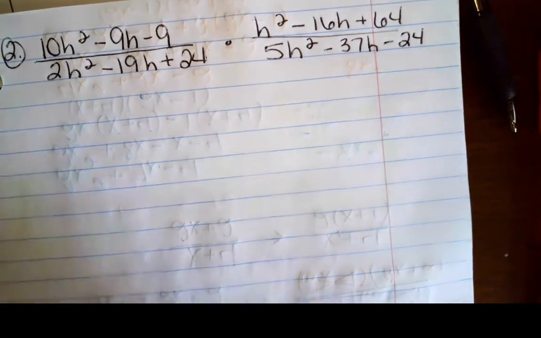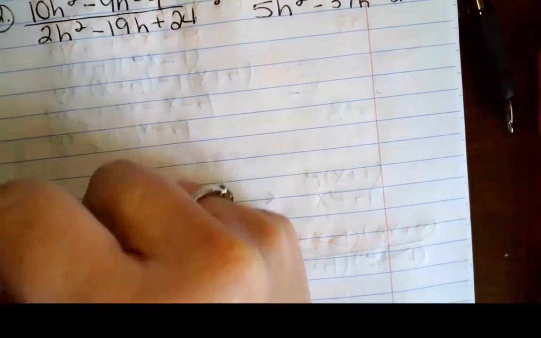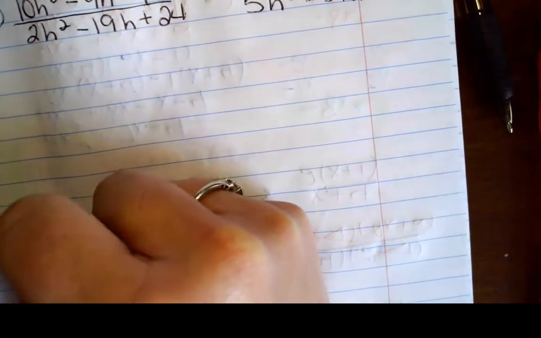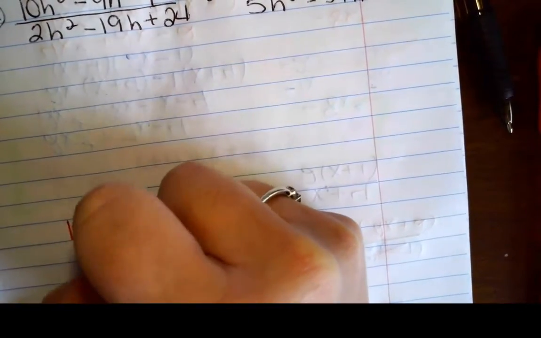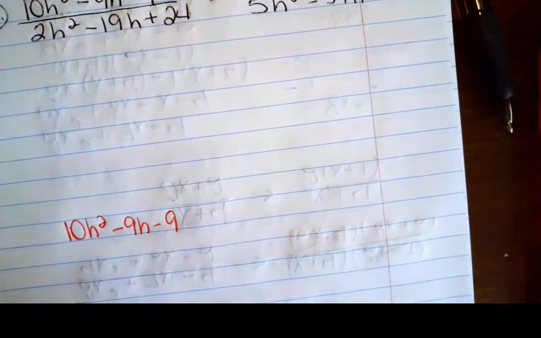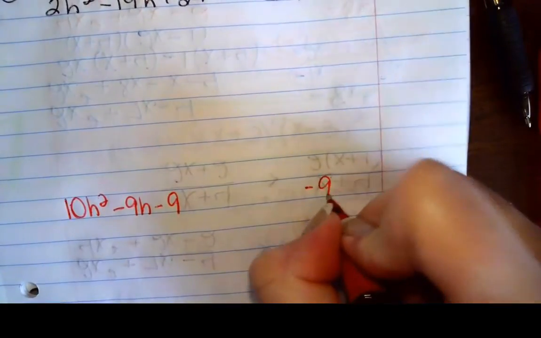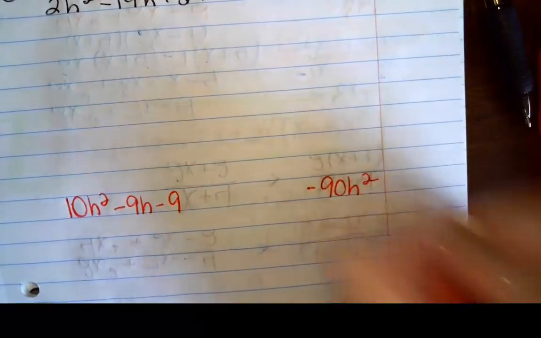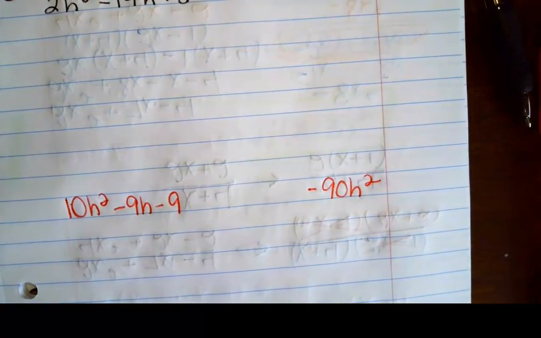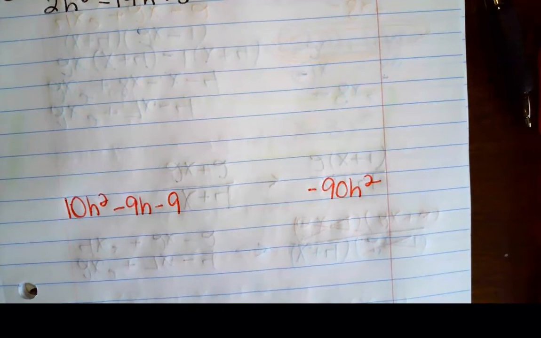And then I'm just going to write it in one big fat fraction and see what I can reduce. So what I have first is a 10h squared minus a 9h minus 9. So I'm going to factor this one down. Multiply first times last, I get a negative 90h squared. So I need 2 numbers that multiply to negative 90. Your signs are different. That when I subtract, I'll get a negative 9.